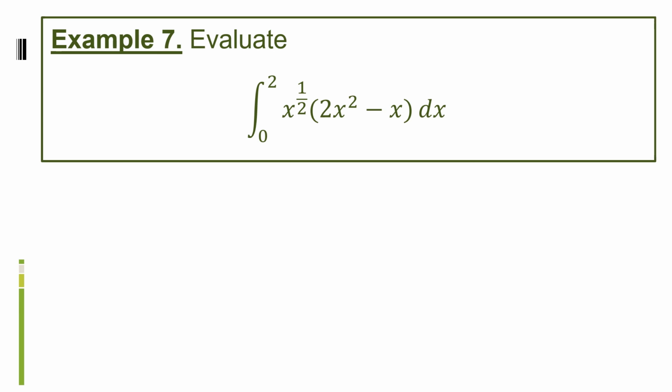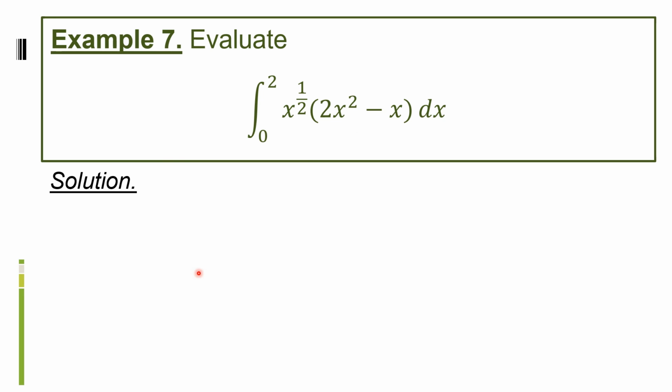Now, let's evaluate the definite integral from 0 to 2 of x raised to 1 half times 2x squared minus x dx. The problem here is multiplication. And we know that we cannot take the product of individual integrals.